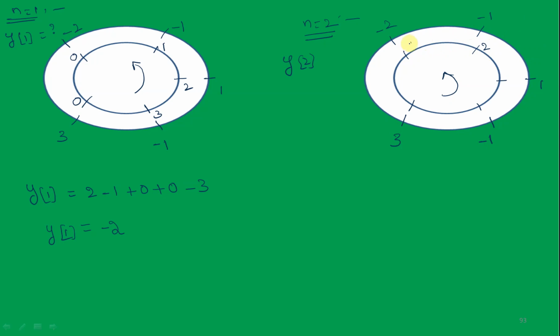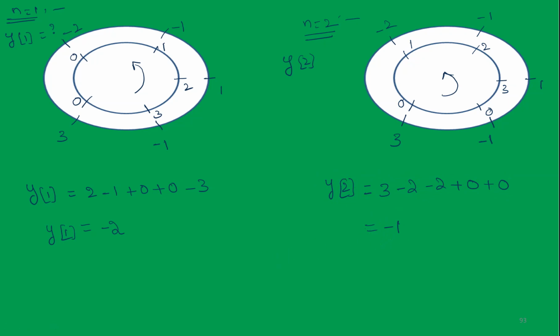One position is shifted: here is 1, here is 2, 1, 0, 0, 3, 2, like that. Now find y of 2. What is the answer? 3 minus 2 minus 2, 0, 0. Now 3 minus 4 is minus 1.